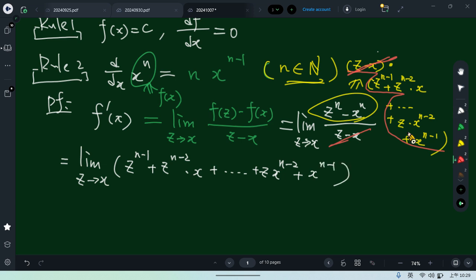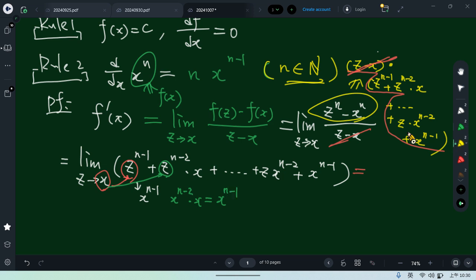After we use x to replace z, we find that here we get 1 times x to the power of n minus 1. And for this part, when we use x to replace z, we get x to the power of n minus 2 times x, so we also get another x to the power of n minus 1.